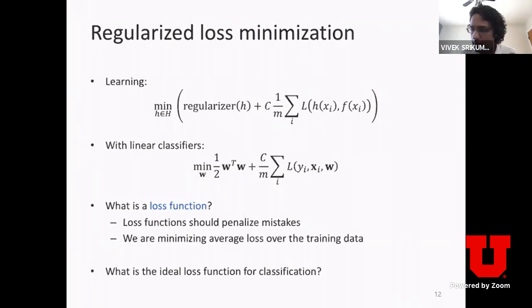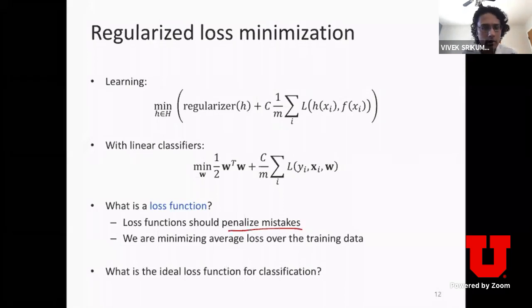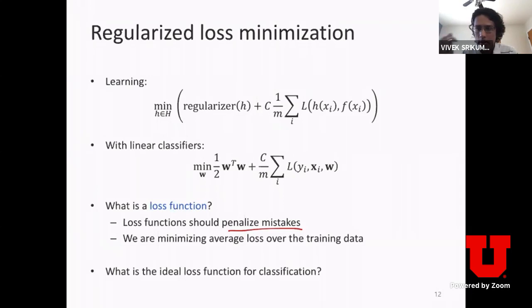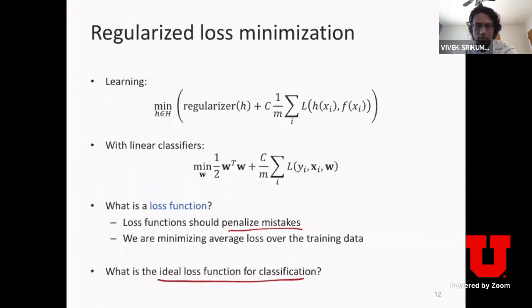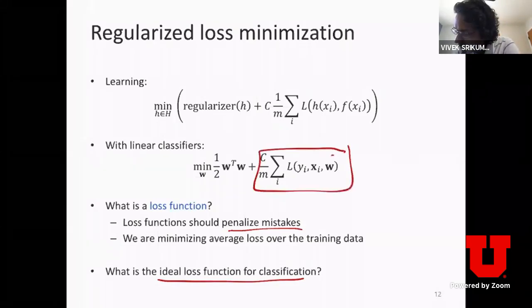Remember, the thing that we want to minimize is mistakes. There's a suggestion: the simple approach is a perfect loss function. The ideal loss function is simply the number of mistakes. Remember, I want to penalize mistakes.